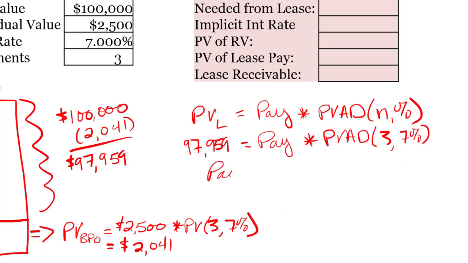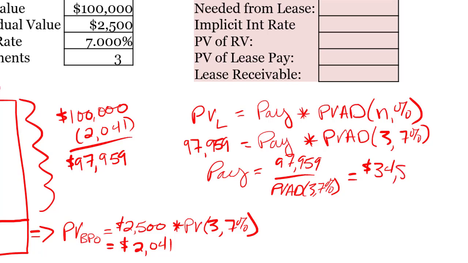So my payments will be equal to 97,959 divided by that present value of an annuity due factor, 3 at 7%, for a grand total of $34,885. And now I can fill in these values.